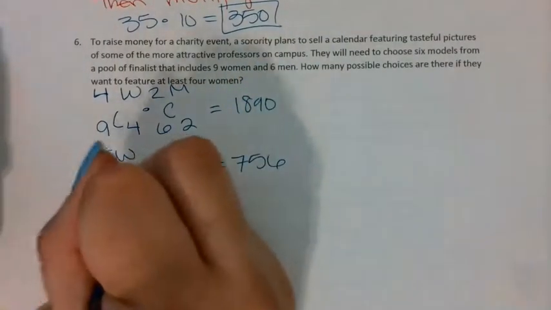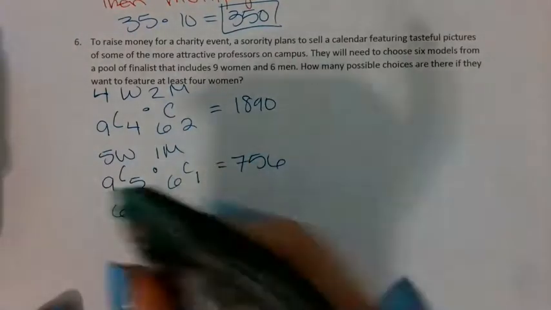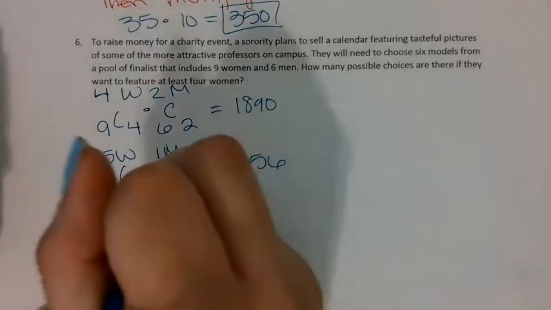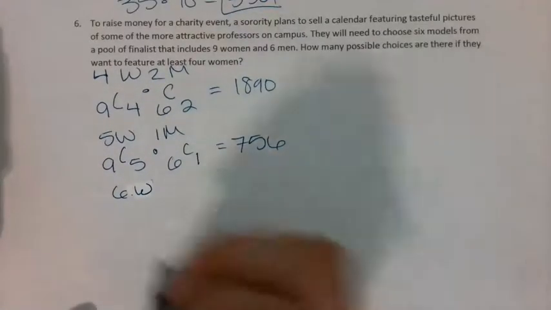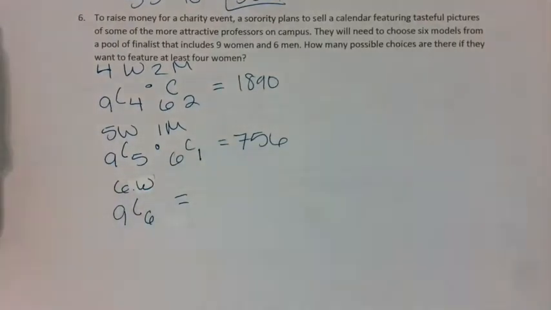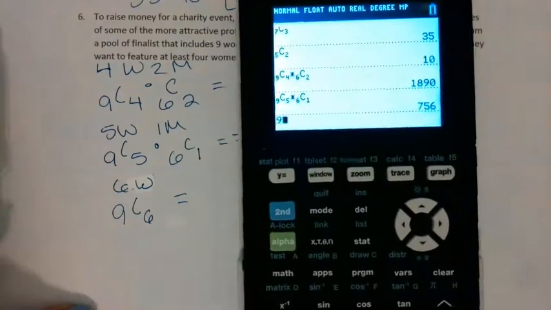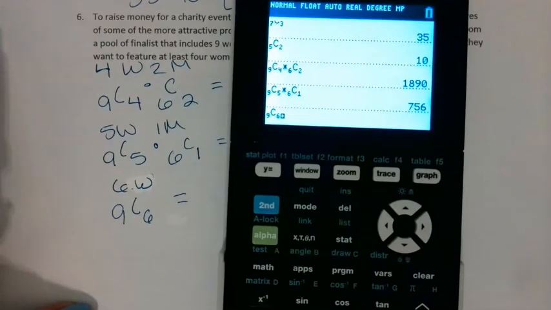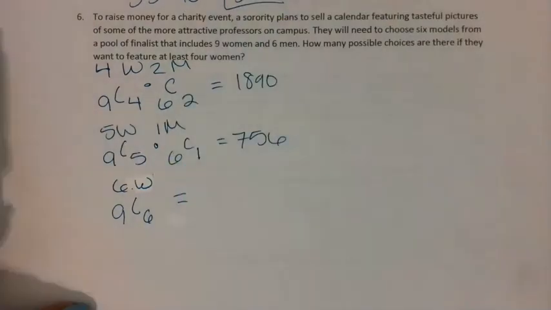And then there's the final option, where there are 6 women chosen for the calendar. Okay. So then this would just be 9C6, because no men are being chosen, so we don't need to find the combinations for men. Which gives me 84.